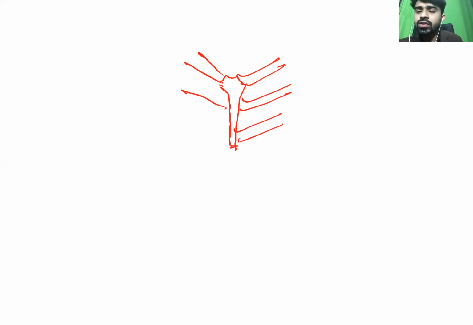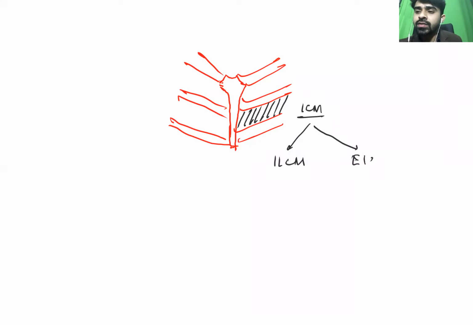First I should draw the ribs. This is the sternum or breastbone. This is the clavicle, which is called collarbone, and the remaining are the ribs. I just want to tell you what the intercostal muscle is. Intercostal muscle is a muscle in between ribs, called ICM. Intercostal muscles are of two types: internal intercostal muscle and external intercostal muscle.